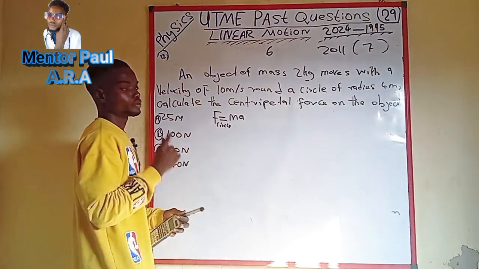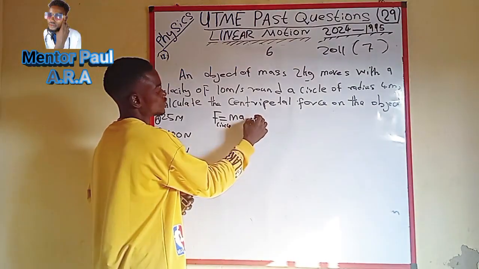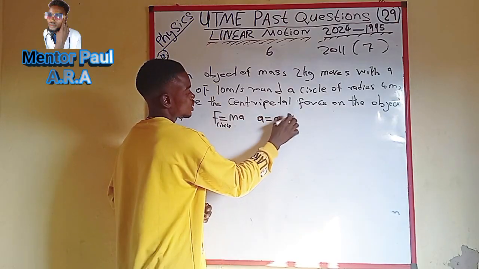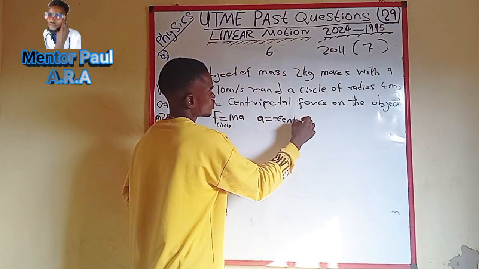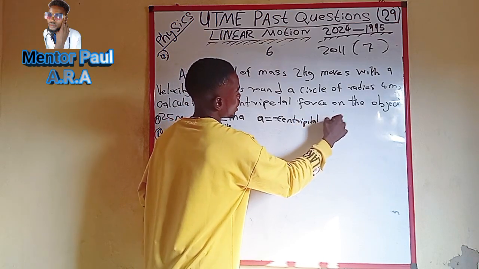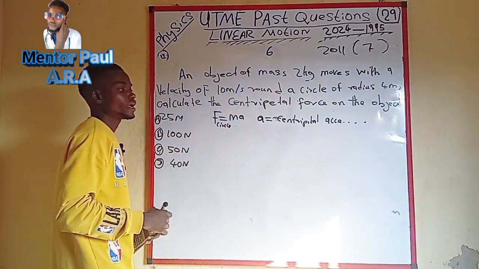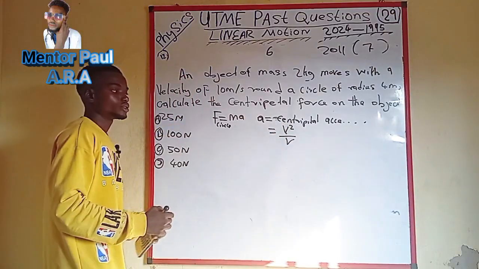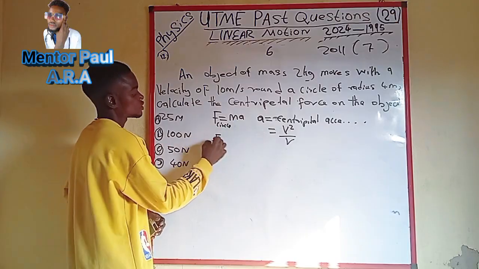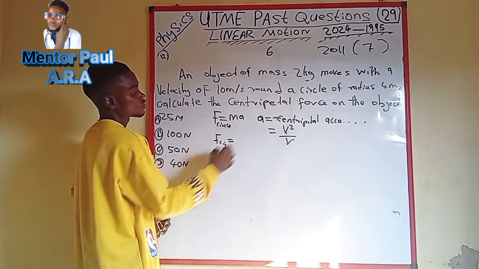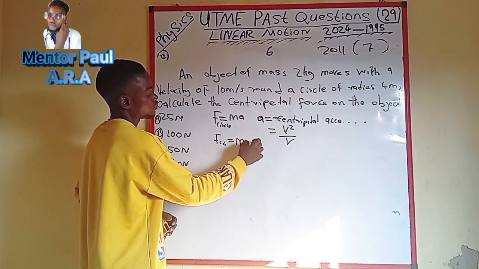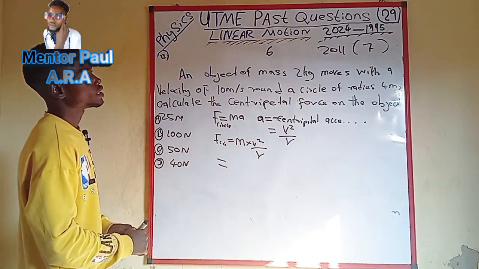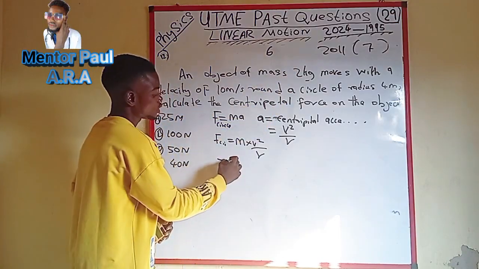This is known as centripetal force, and the acceleration is the centripetal acceleration, which is given by the velocity squared over the radius. Substituting that here, the centripetal force is equal to mass times velocity squared over radius, whereby the mass of the body given here is 2 kilogram.